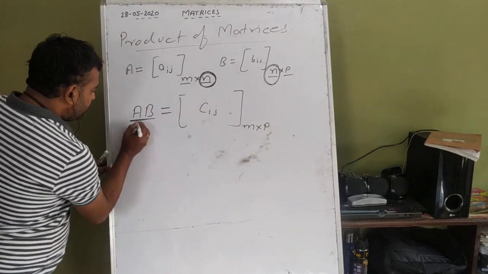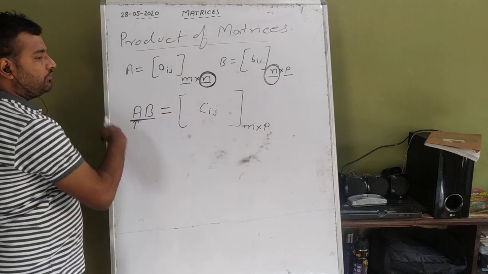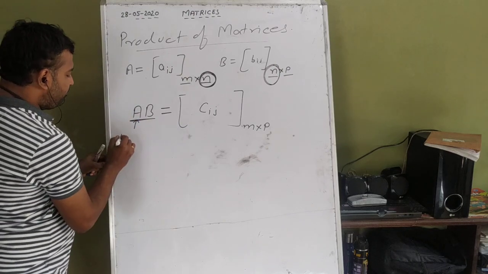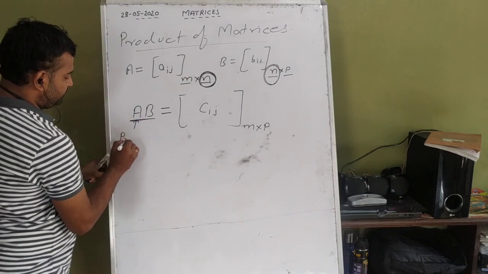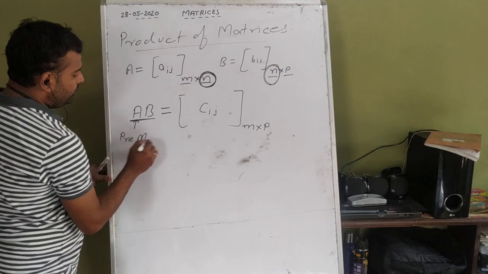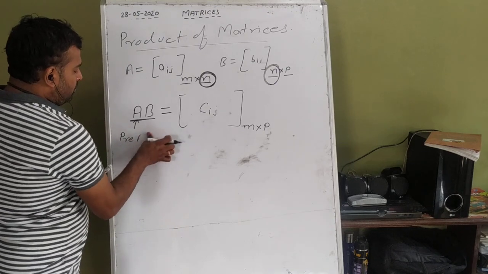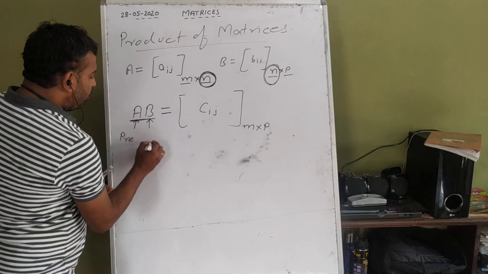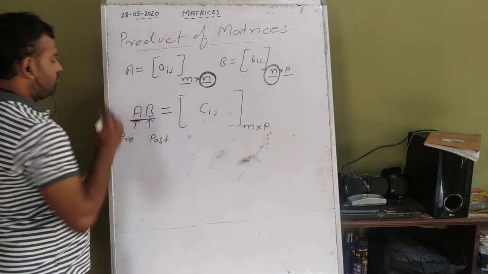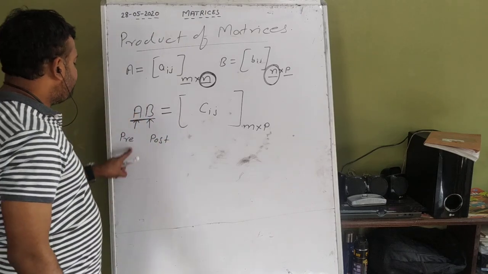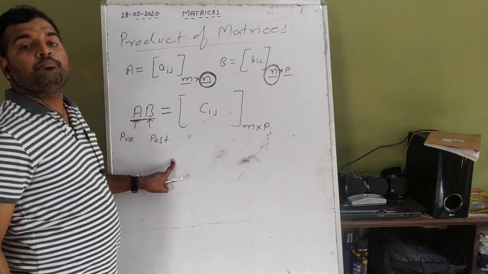Now, one very important point here: A is written first, so this is called the pre-multiplication, and B is called the post. A is said to be the pre and B is said to be the post.